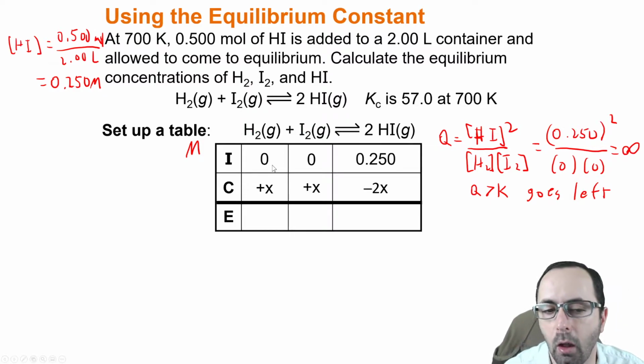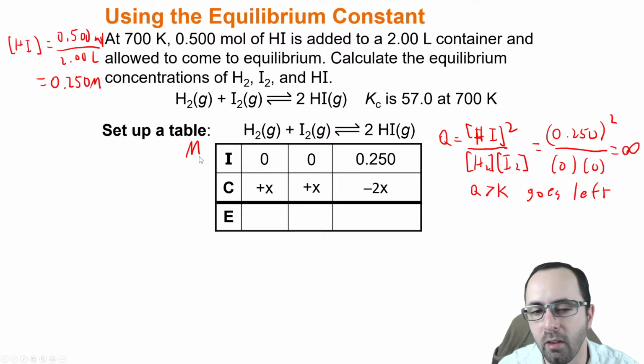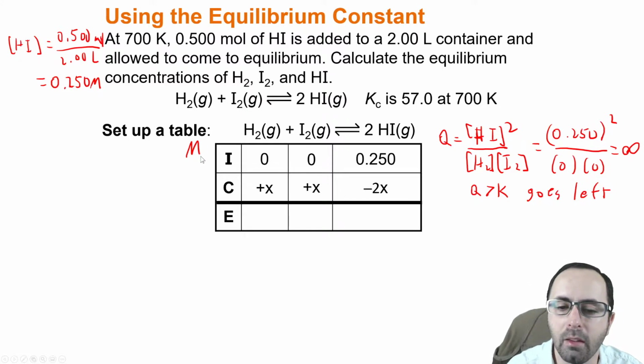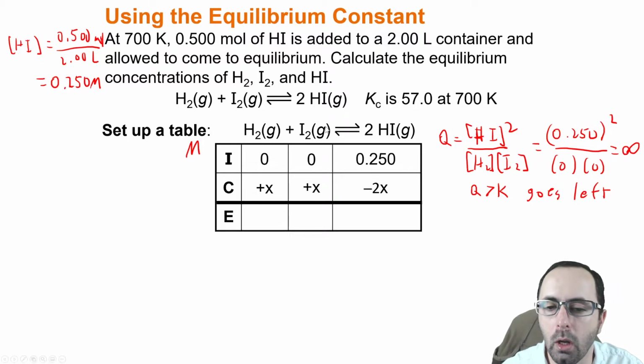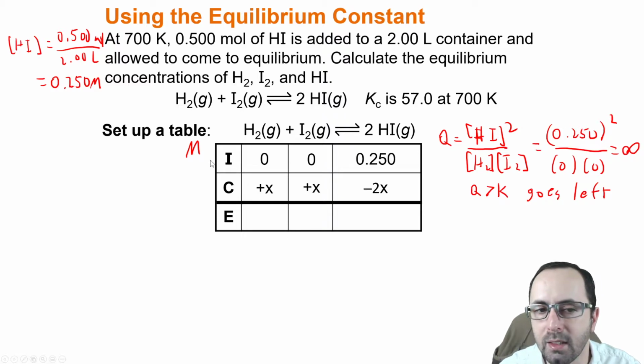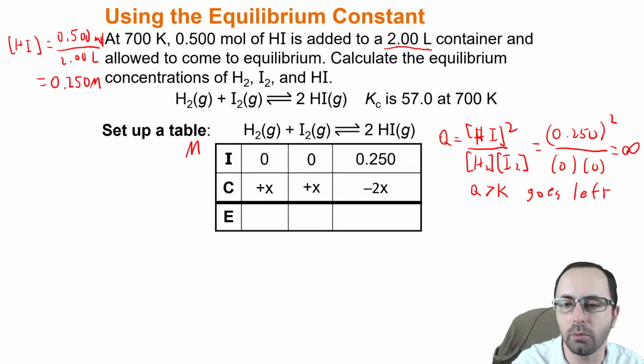Now, another thing that I'll note here is that we're going to be doing stoichiometry in terms of molarities instead of moles. So always in the past, you've done stoichiometry in terms of moles. You've said, 1 mole of this is made when 2 moles of this react. But we're going to be using molarities instead because during this whole process, our volume, 2 liters, is not going to change.